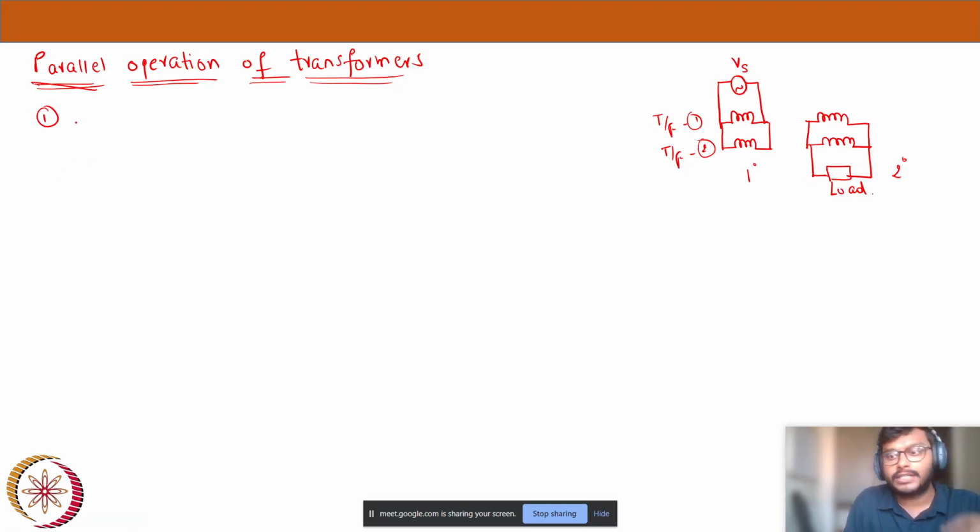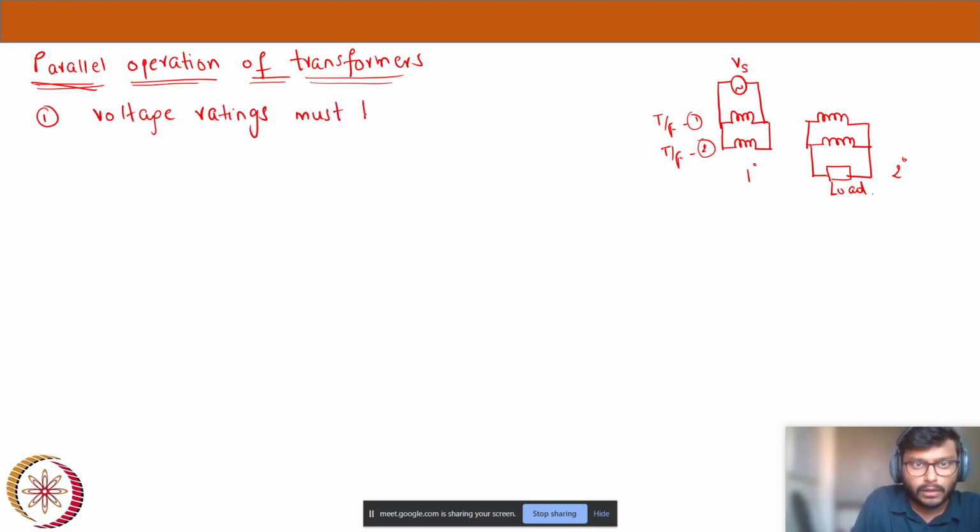The first condition, which is a basic and very obvious condition, is that the voltages of the two transformers must be matching, must be same. That's the first and foremost condition before connecting any two transformers.